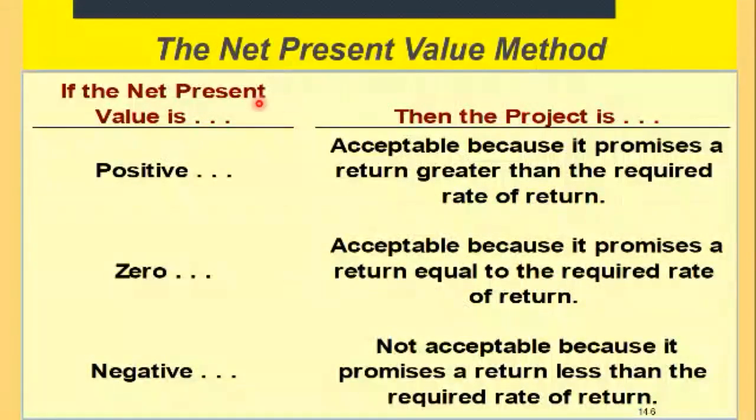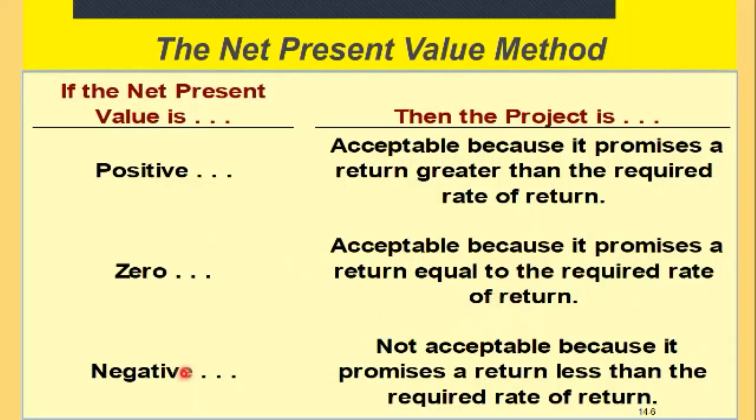We have the thing summed up here in a bigger view. If the net present value is positive, it is acceptable because it promises a greater return than the required rate of return. If it is 0, it is acceptable also because it promises a return equal to the required rate of return or the discount rate.